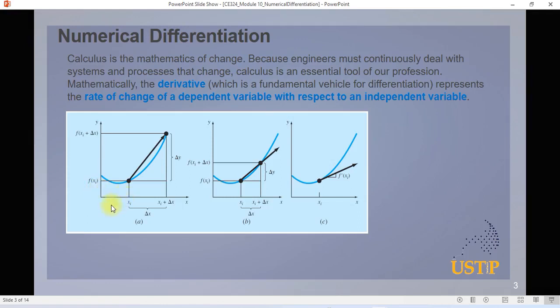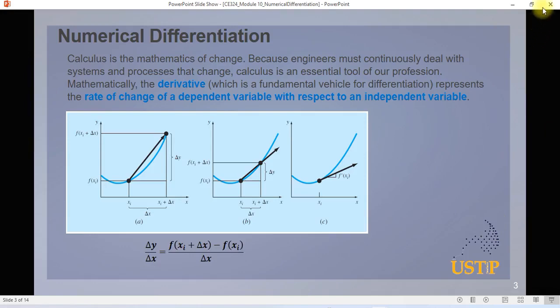Because when we want to know the derivative at a certain point, we take the derivative of the function, and once we have the derivative of the function, we just substitute the point of interest, such as xi.